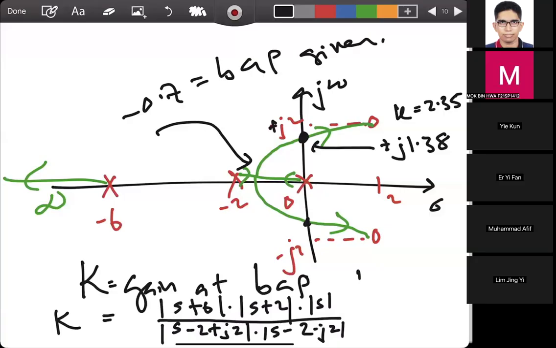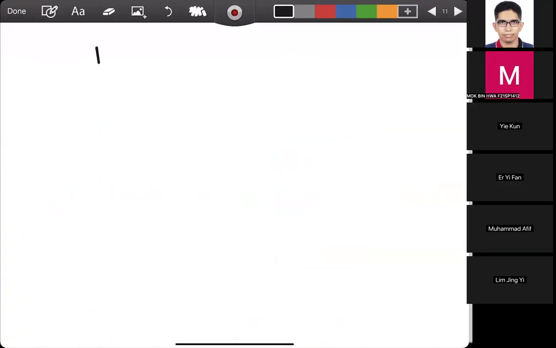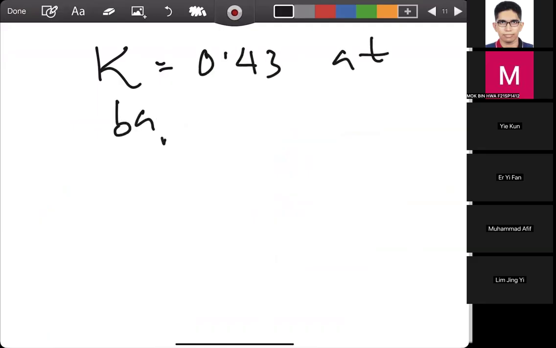Okay. Then you substitute with minus 0.7. So when you calculate, K will be 0.43 at breakaway point minus 0.7.